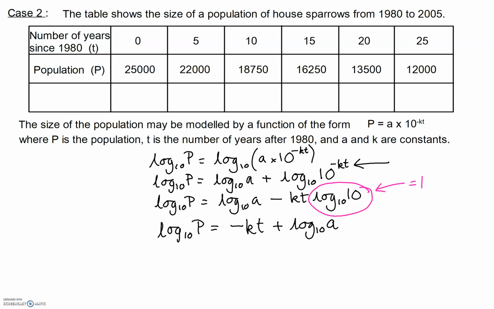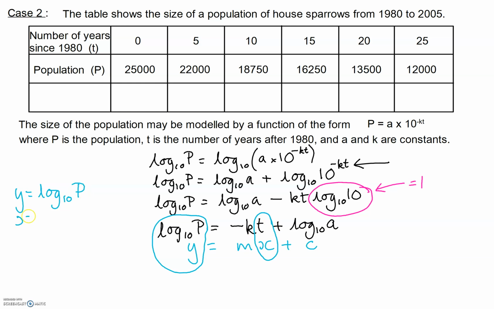And as we did last time, we're now going to compare this to y equals mx plus c. Our variables are log to the base 10 of p, that's going to be y, so y equals log to the base 10 of p, and x is going to be t.